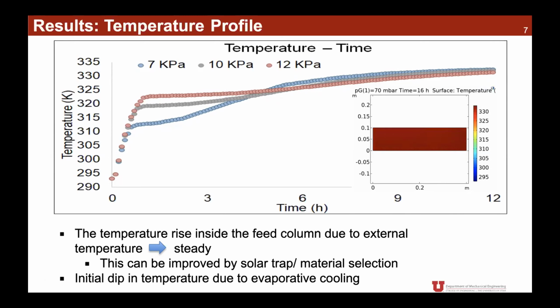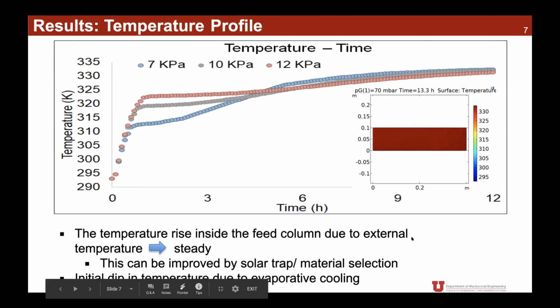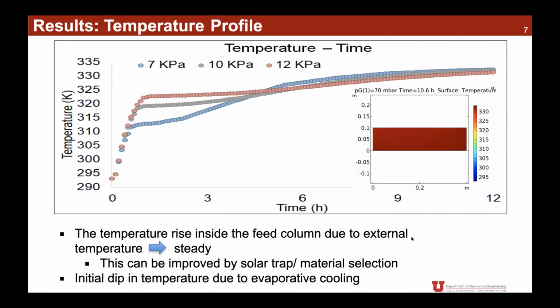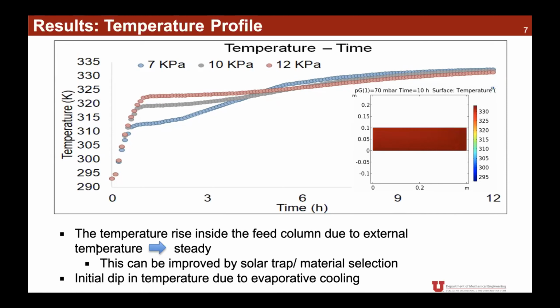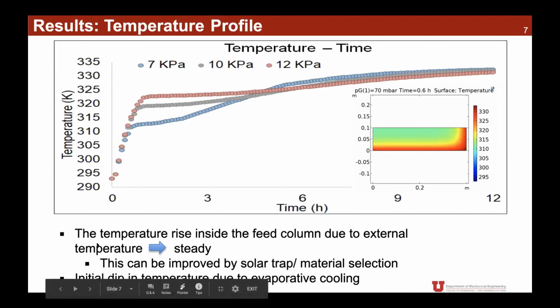So what I'm trying to show here is that there exists an operating point where you want your system to operate. If the temperature drops too low, the evaporation rate itself would drop, because at lower temperature the evaporation rate slows down. So you can figure out the operating point and the humidity that you want, because removing all the humidity or keeping the temperature too high would come at a cost.